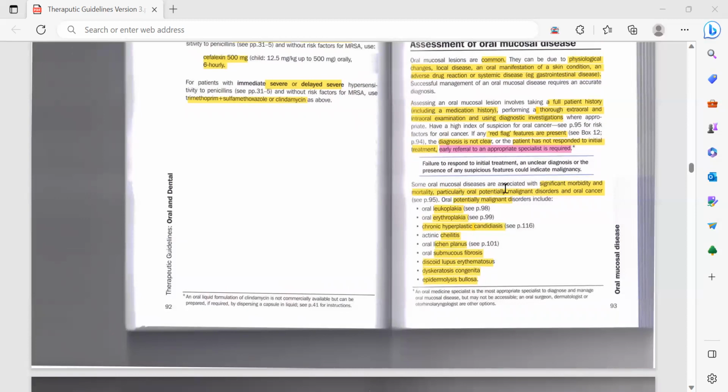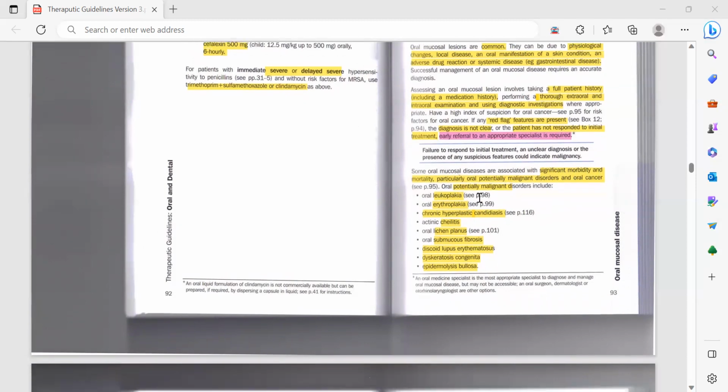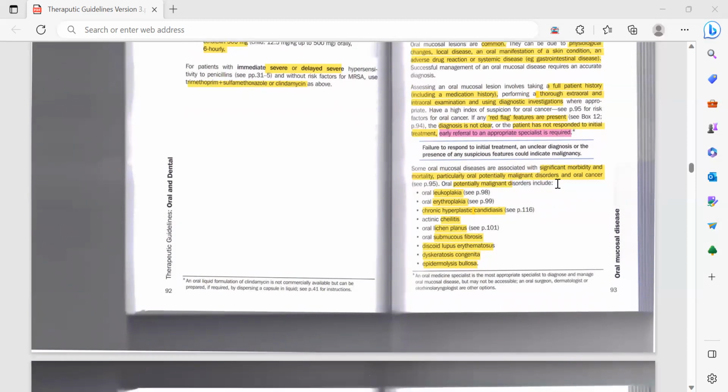Then some oral mucosal diseases are associated with significant morbidity and mortality, particularly oral potentially malignant disorders and oral cancer. So oral potentially malignant disorders are those which have the capability to turn into malignant.